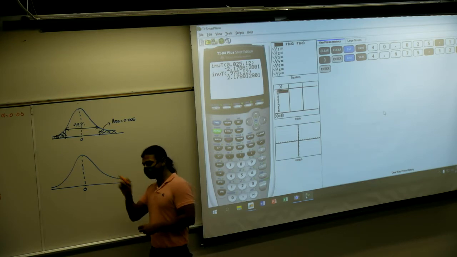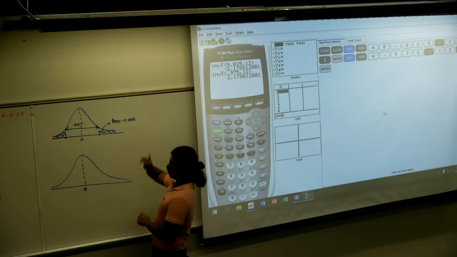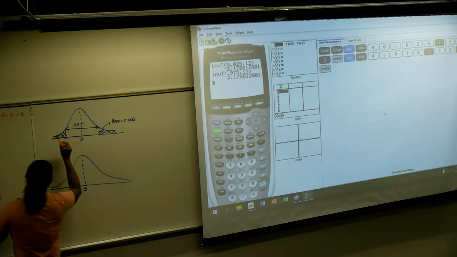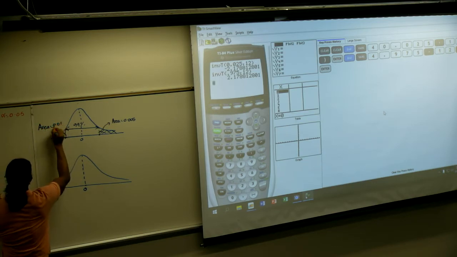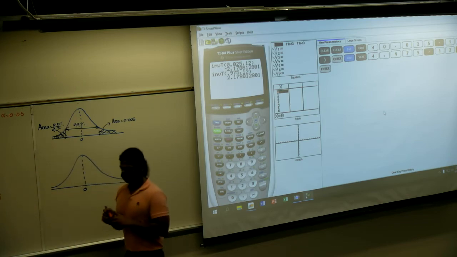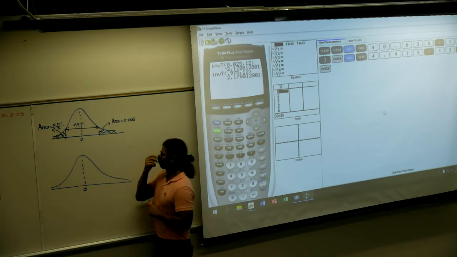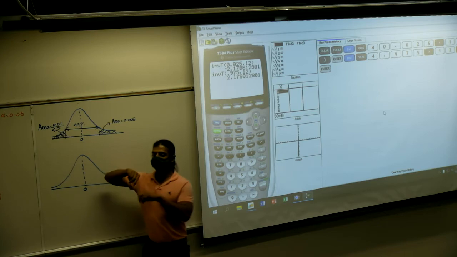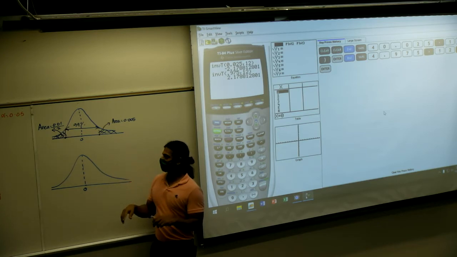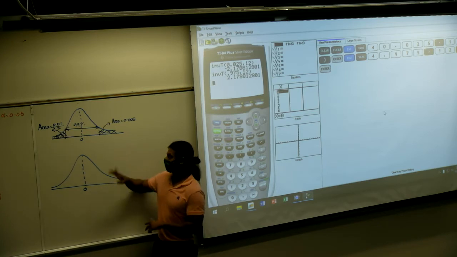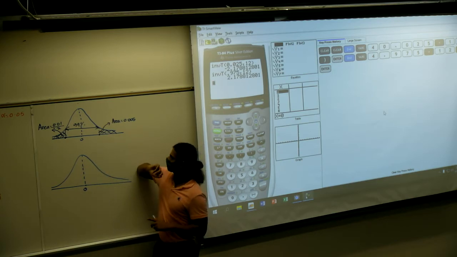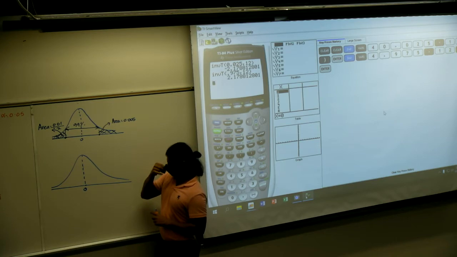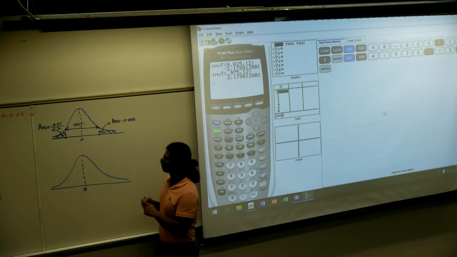Calculator, 0.01 divided by 2, 0.005. Why 0.01 divided by 2? Because in total we have 1% unaccounted for. So you have to take that 1% divided by 2, you get 0.005, which is 0.5%.